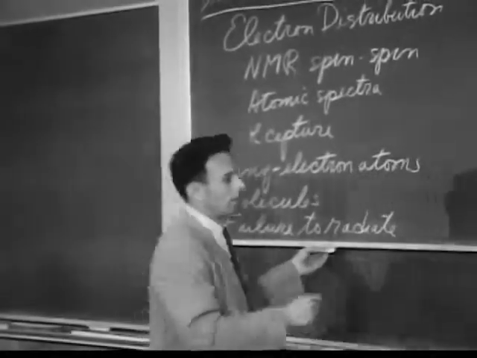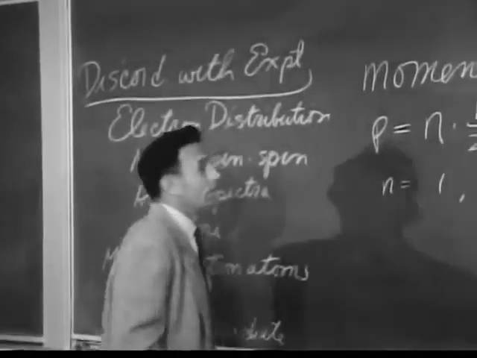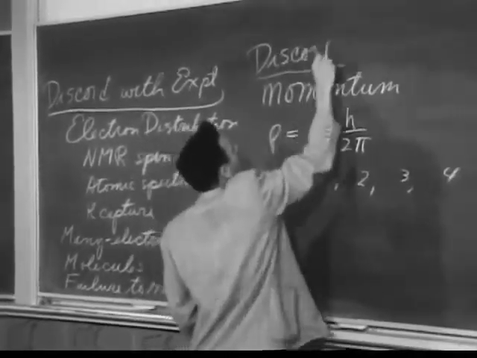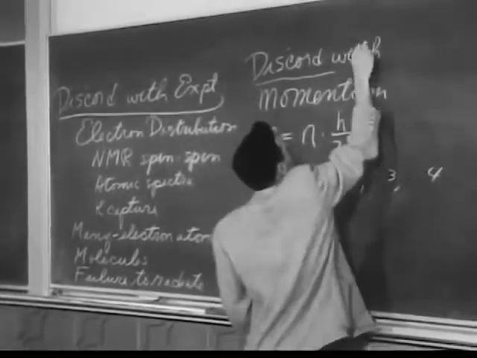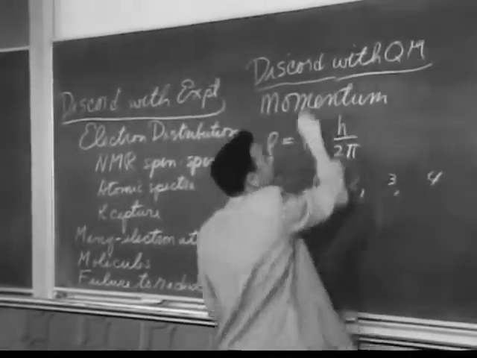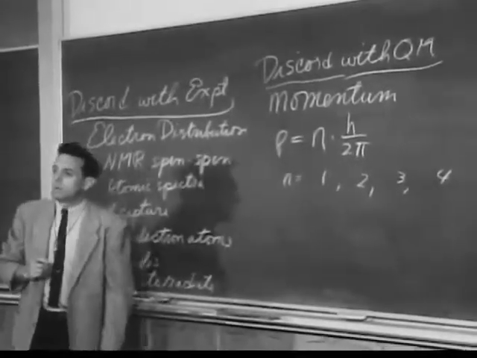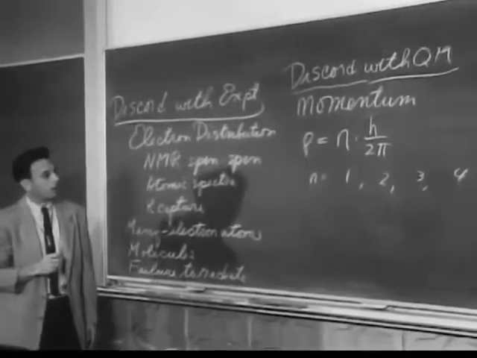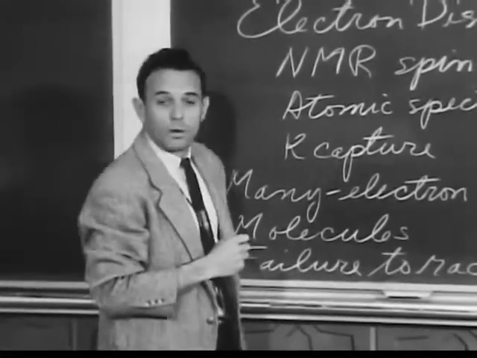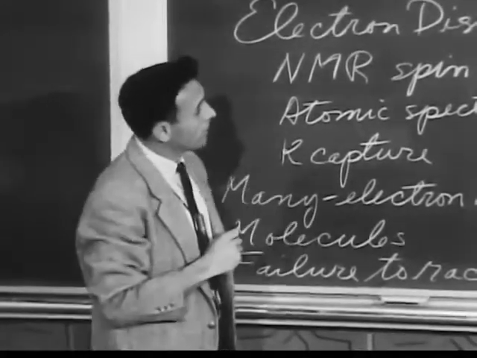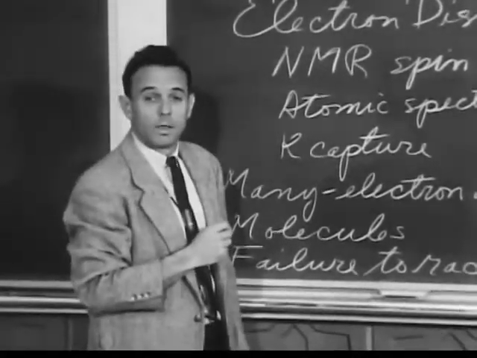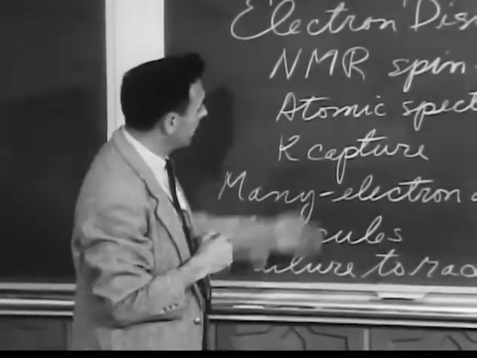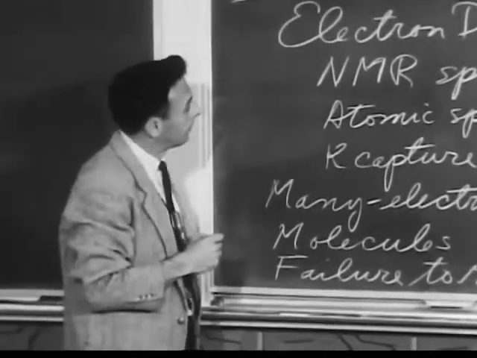Now I want to pass from this discord with experiment to discord with quantum mechanics. Here we are not making as fundamental a criticism of the planetary model. The only reason we would regard this type of discord as a very serious matter is because the quantum mechanical model proves to be very effective in explaining these experimental facts.